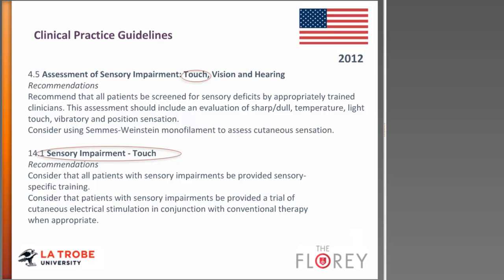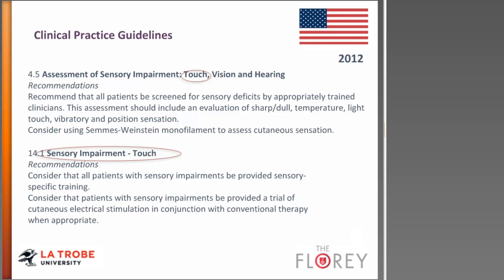And one of the overall recommendations is that patients should be screened for sensory deficits by appropriately trained clinicians, and it just gives a bit of an idea of the areas that they think are important for assessment. So looking at sharp, dull, temperature, light touch, vibration, and proprioception. And they suggest using Semmes-Weinstein monofilaments to assess cutaneous sensation.